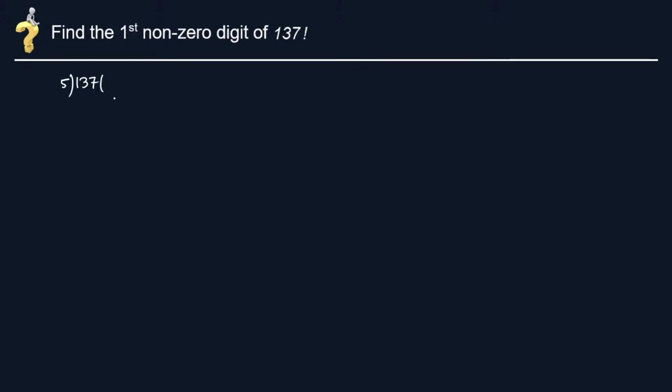So what are we getting? The quotient is 27 and the remainder is 2. So according to our formula, what was the formula? u of n factorial equals u of 2 to the power q, factorial q, factorial r.